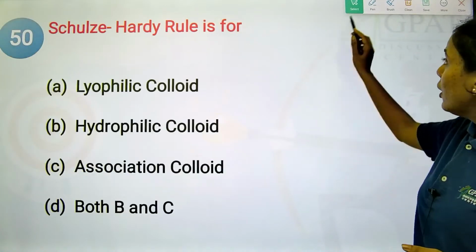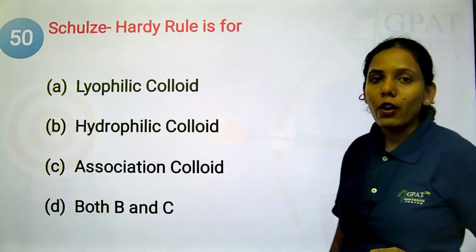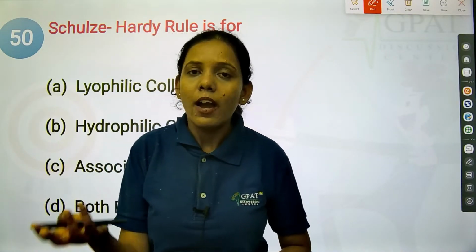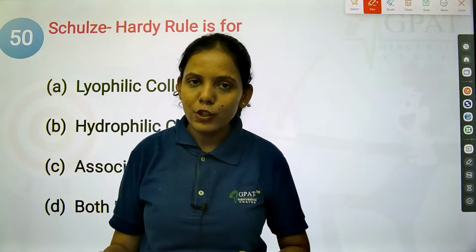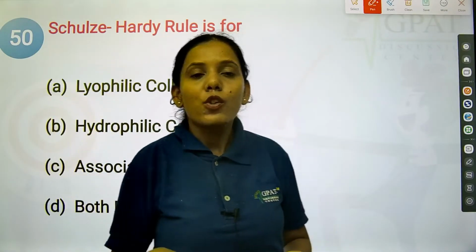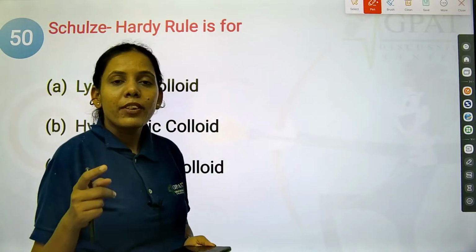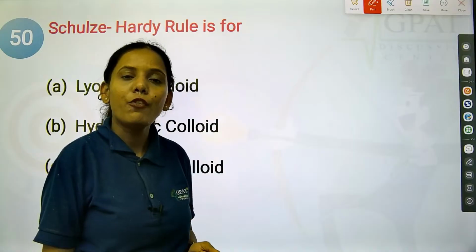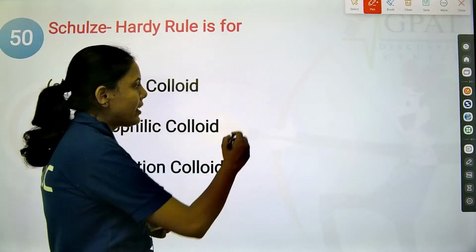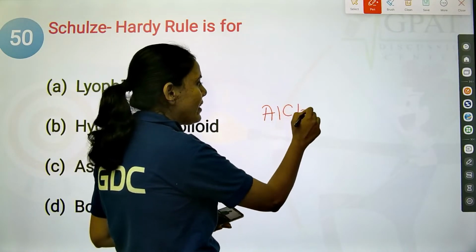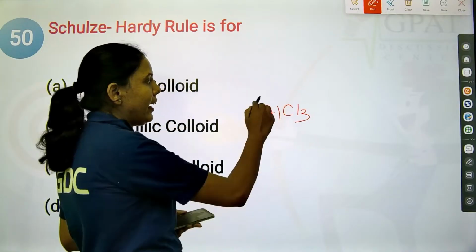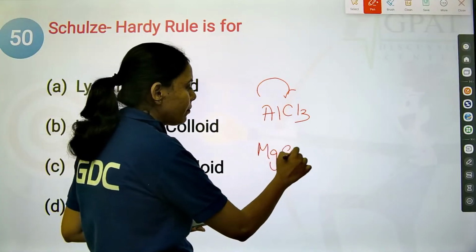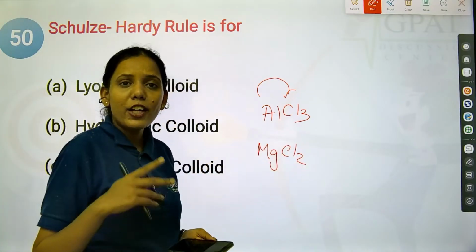Next, the Schulze-Hardy rule. You know the Schulze-Hardy rule, that is for the flocculation of colloids. Basically, when you want aggregates, you will add certain ions. According to this rule, the higher the valency of that ion, the higher will be the tendency to form aggregation. For example, AlCl3, one aluminium attached to 3 chloride, and MgCl2, one magnesium attached to 2 chloride.